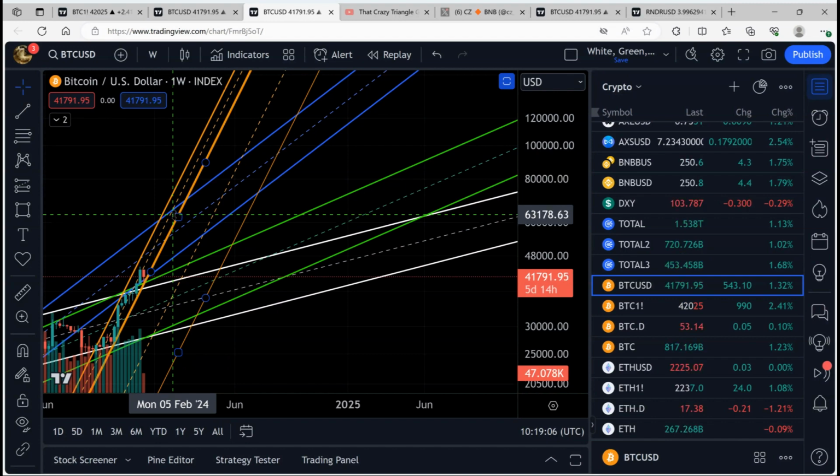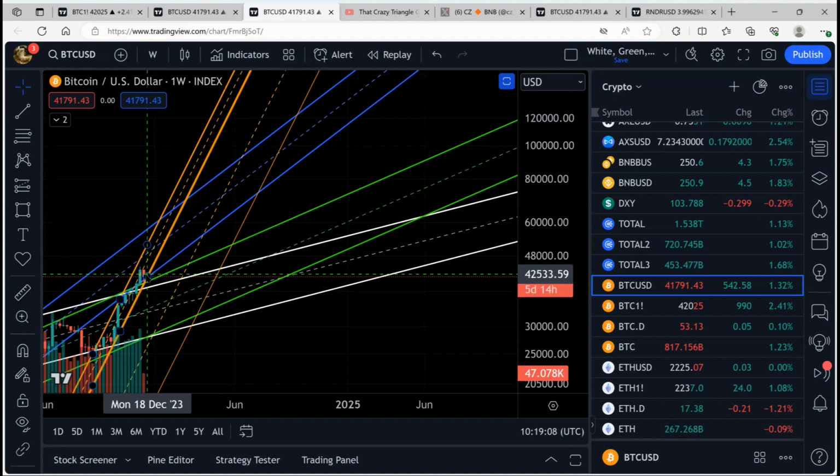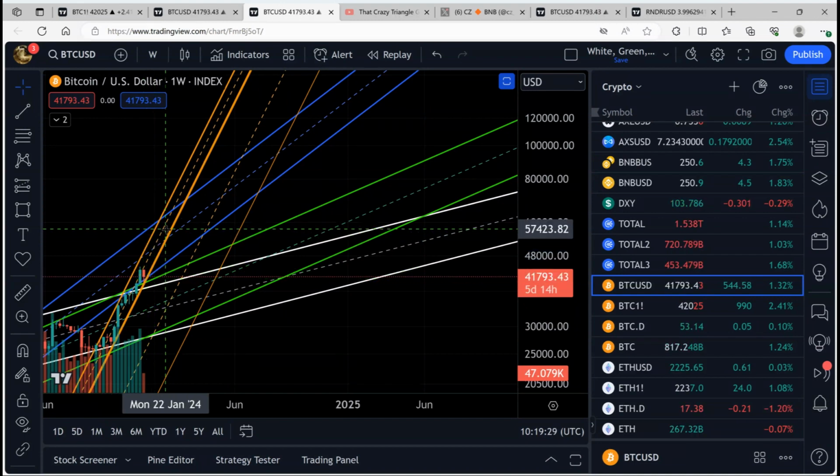I think we have the strength to. The bears didn't even have the dumping power to close the gap over the weekend or at the start of this week. So yeah, we do have enough strength to come up here.